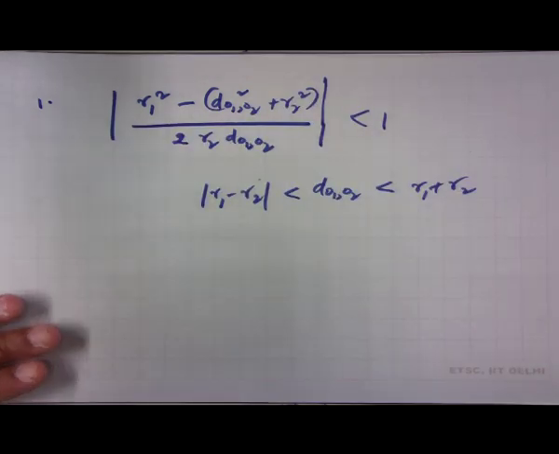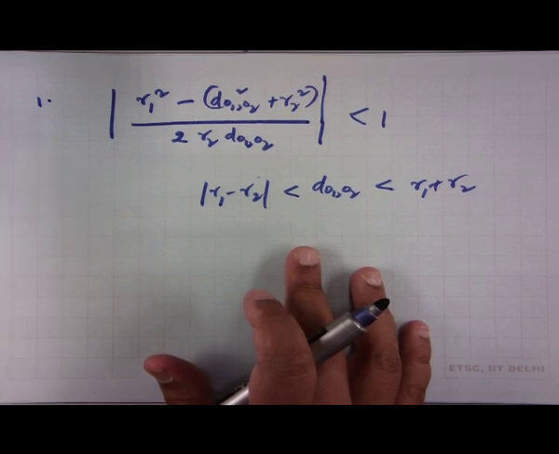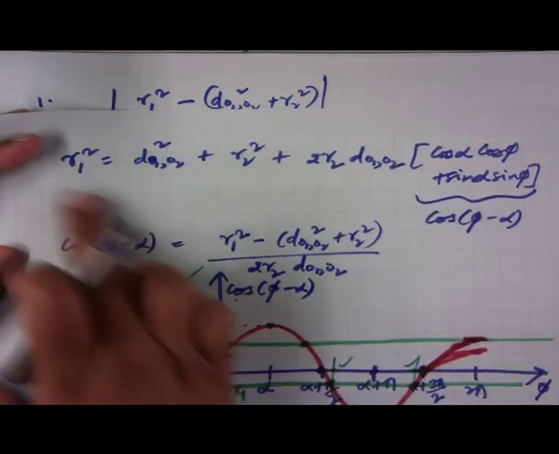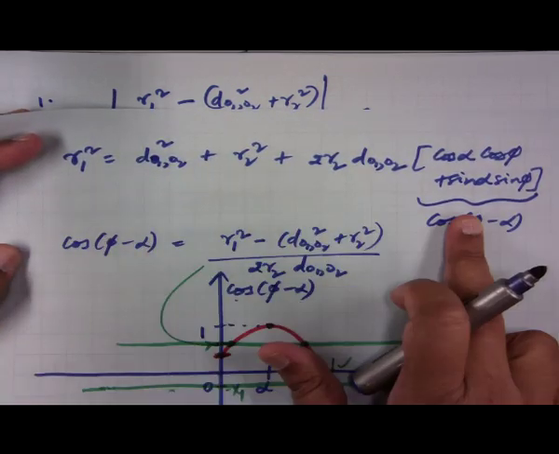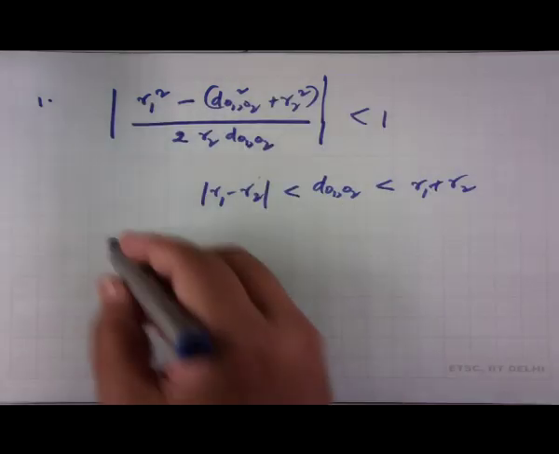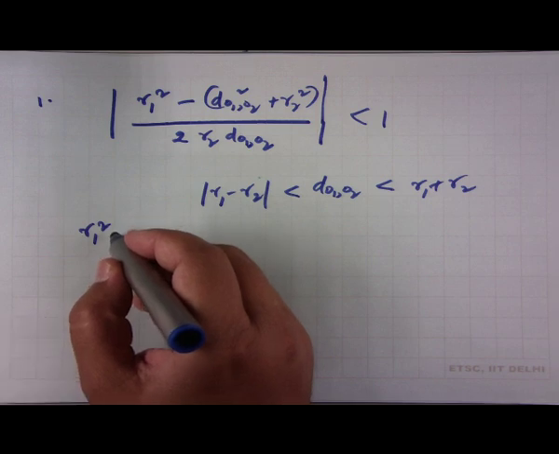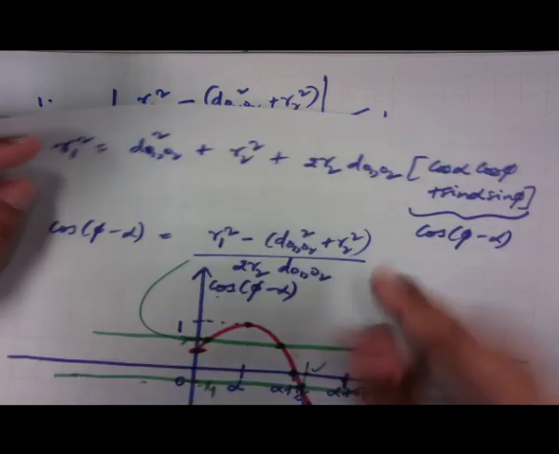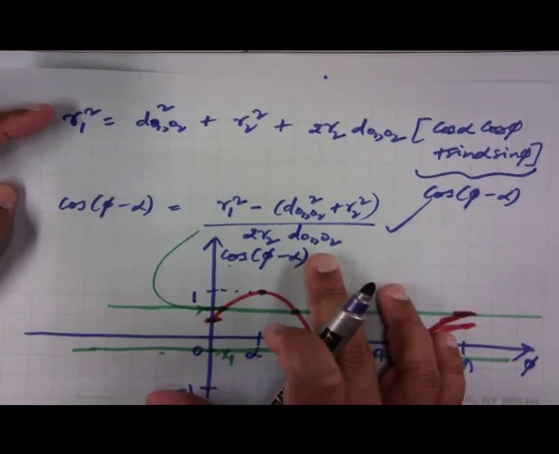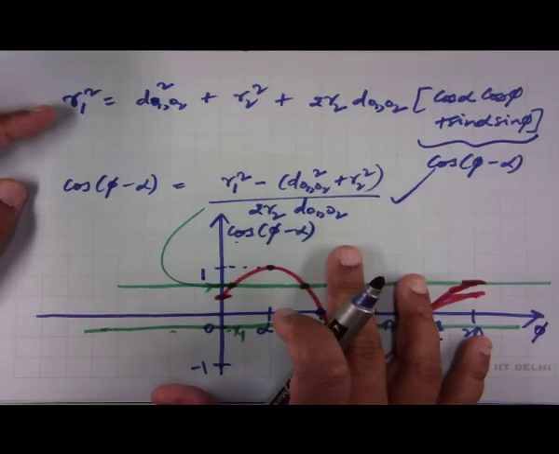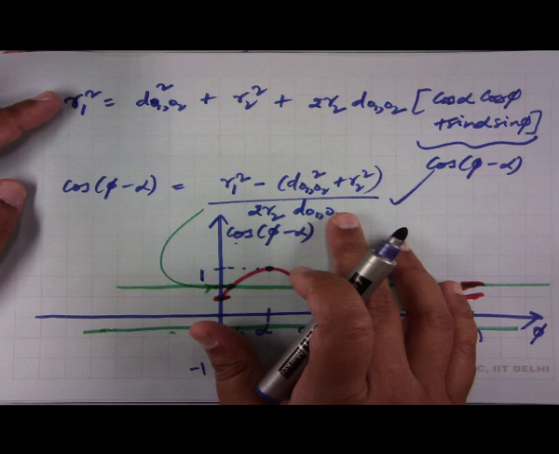But if you want to see that, we have to go back to the equation before this equation, which is written here. If we see this equation, the same equation again, it reminds us of the cosine law.